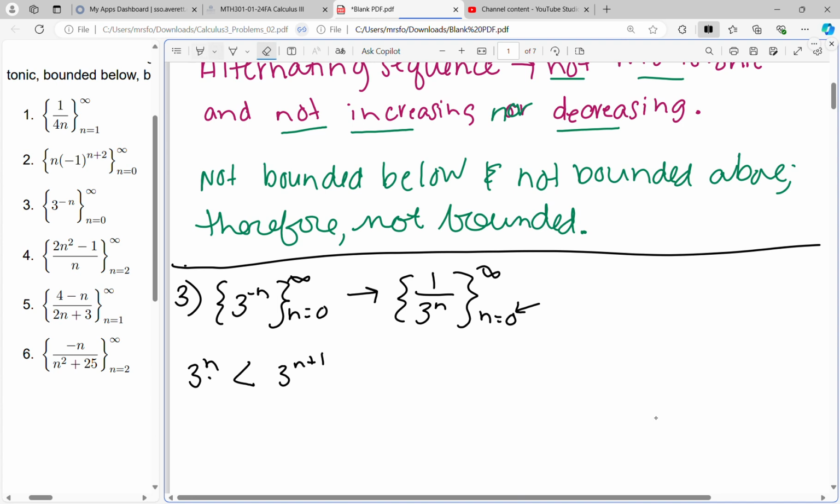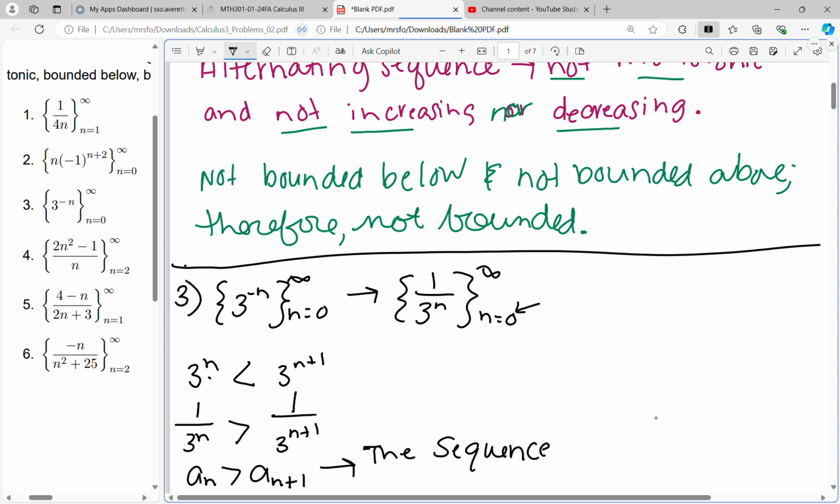Ignore me, it's less than, because if you substitute in a 0, 3 to the 0 is 1, 3 to the 1 is 3. If this is the case, then we know 1 over 3^n is greater than 1 over 3^(n+1), which tells me a sub n is greater than a sub n+1, which implies the sequence is decreasing.